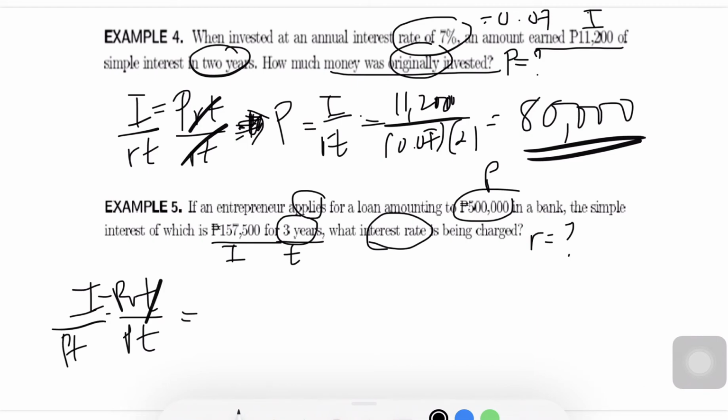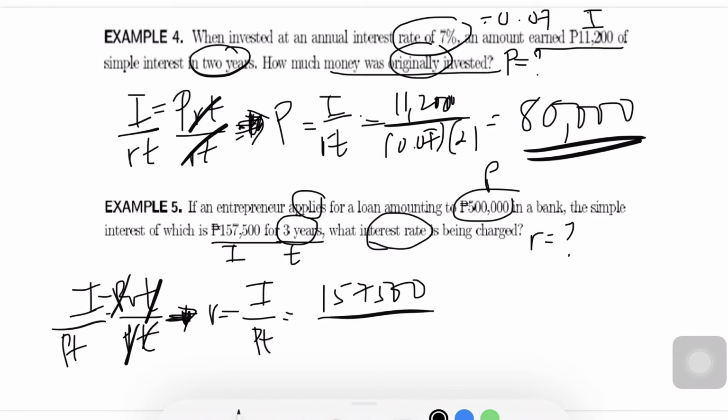R is equal to I over PT. What is I? 157,500 divided by the principal, 500,000, and time is 3 years.